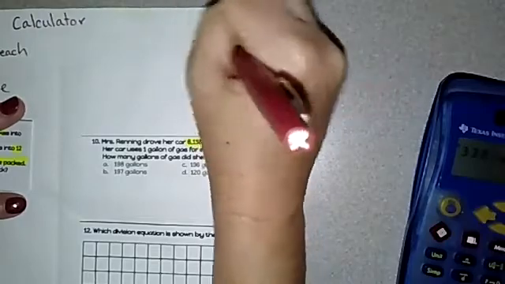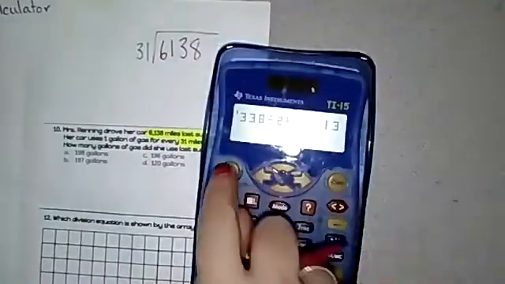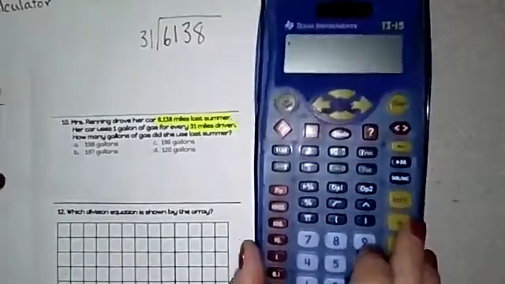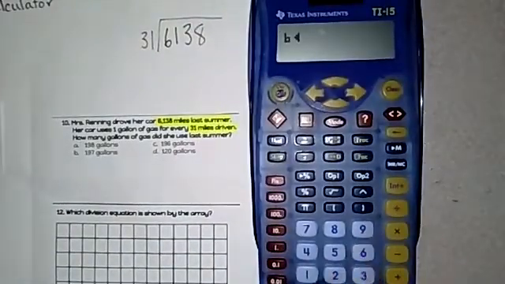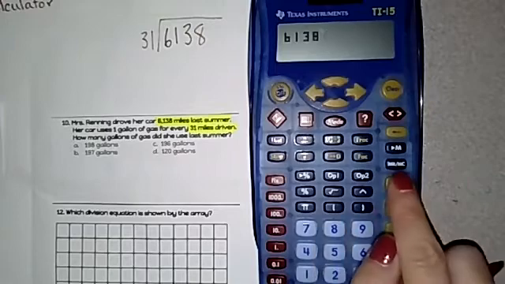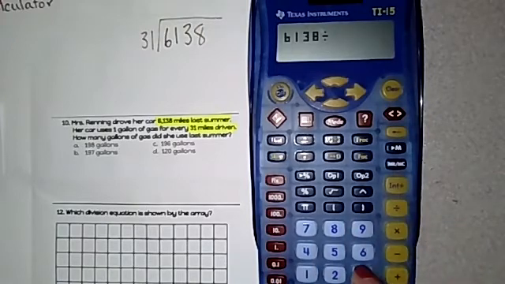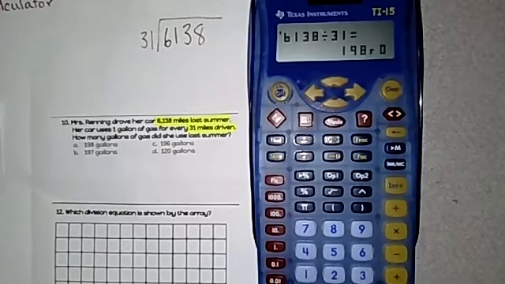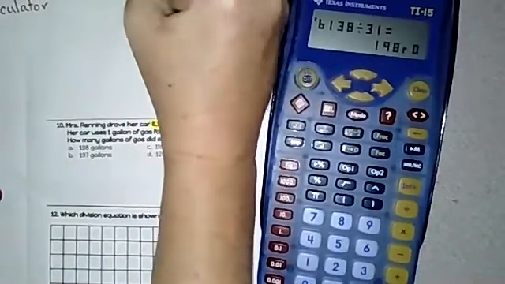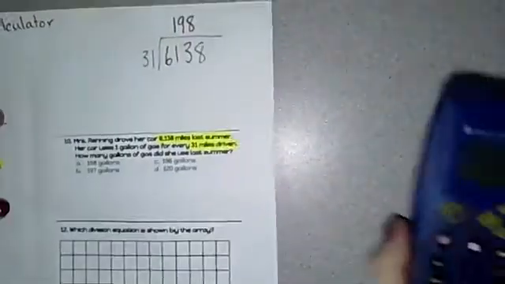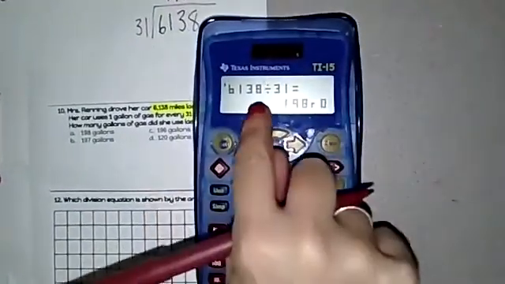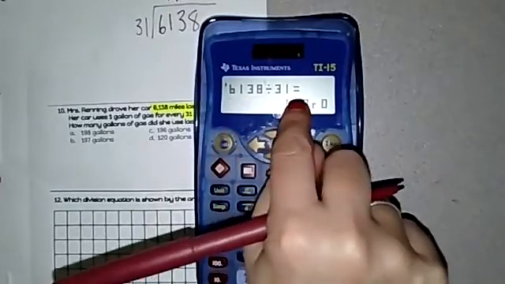6138 divided by 31. Use your INT divide button and type it in your calculator. 6,138 INT divide 31. All right, so how many gallons of gas did she use? 6,138 divided by 31.